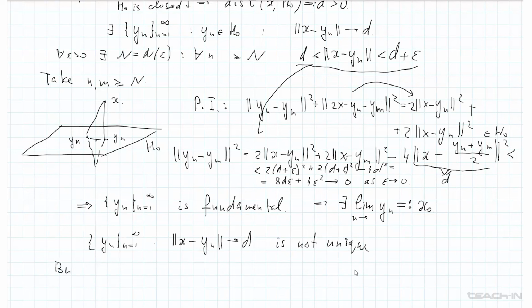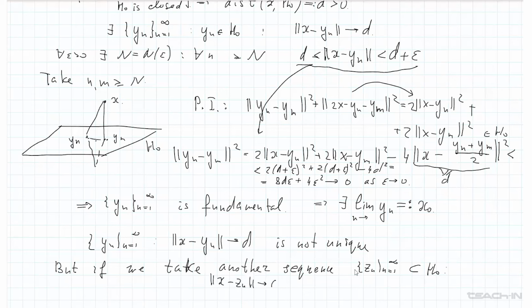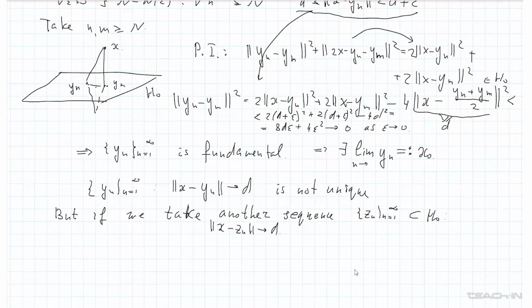But again, if we take another sequence Zn from H0 such that the norm of x minus Zn tends to d, we can consider a new parallelogram with x, Yn, and Zn, and write the parallelogram identity.